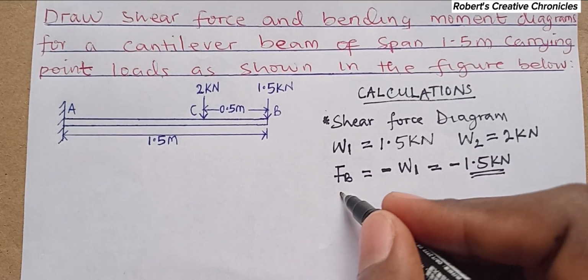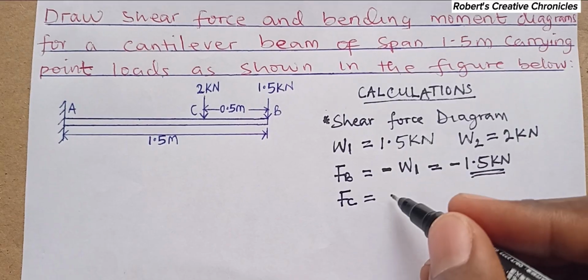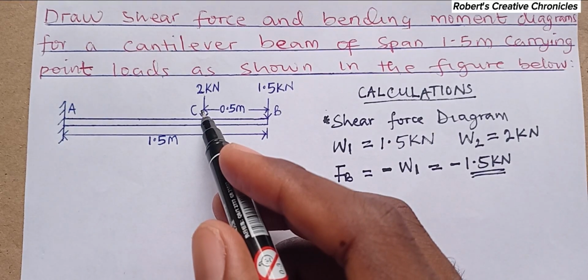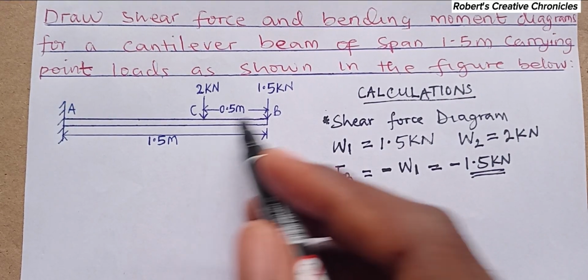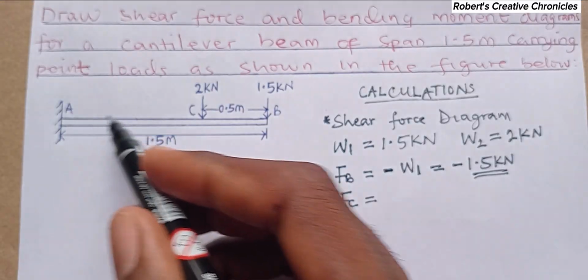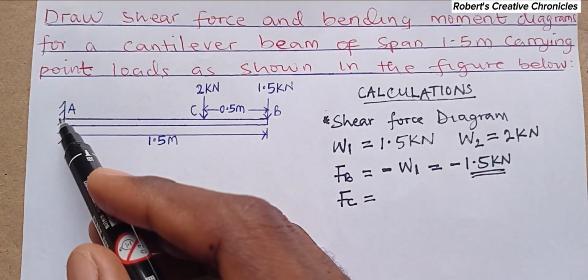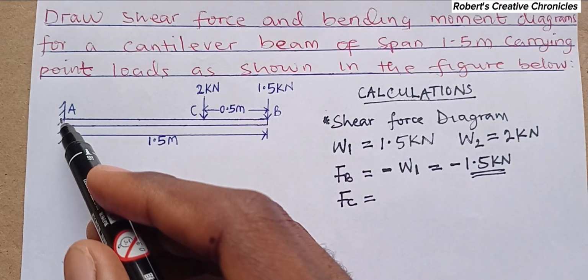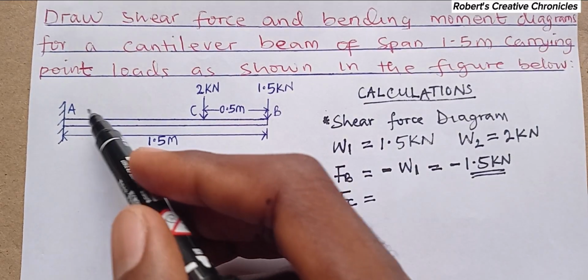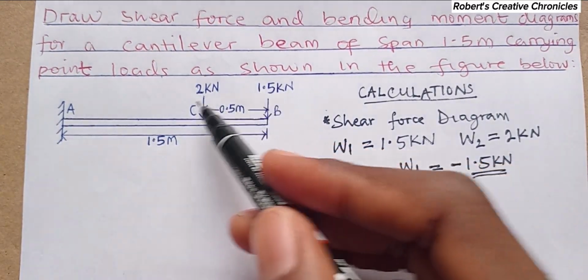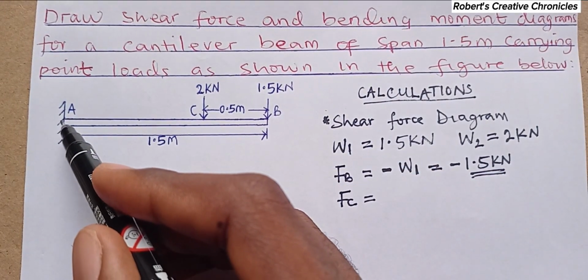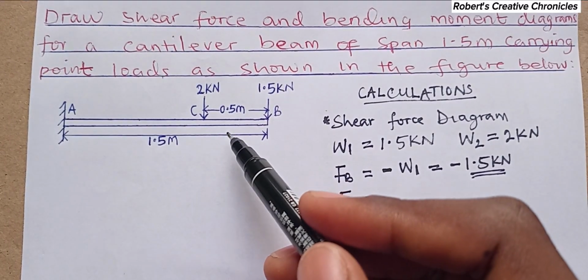Now the shear force at C is the combination of the shear force here plus the shear force here, because the force at this point is more than the force at this free end. All the forces on this beam, the magnitude will be felt at this edge, because here is fixed. If there are many point loads, as there are 2 here, the magnitude will be felt at this point A, because it is fixed.